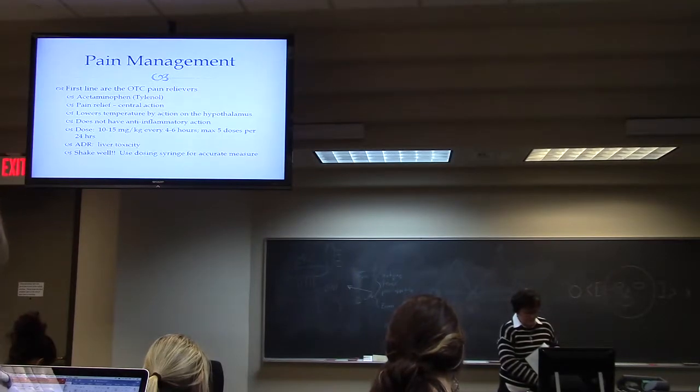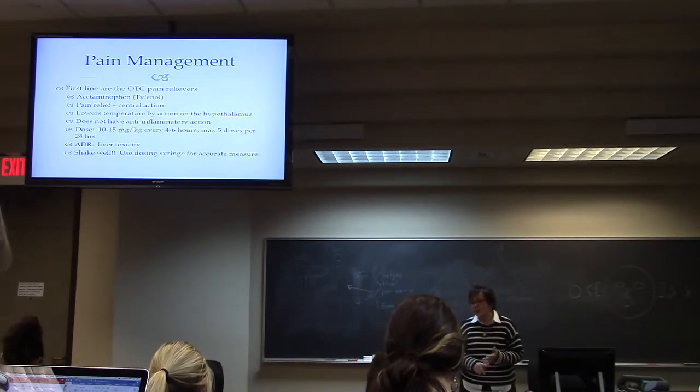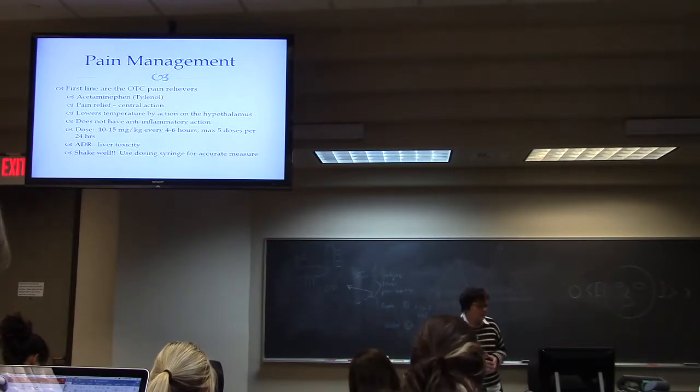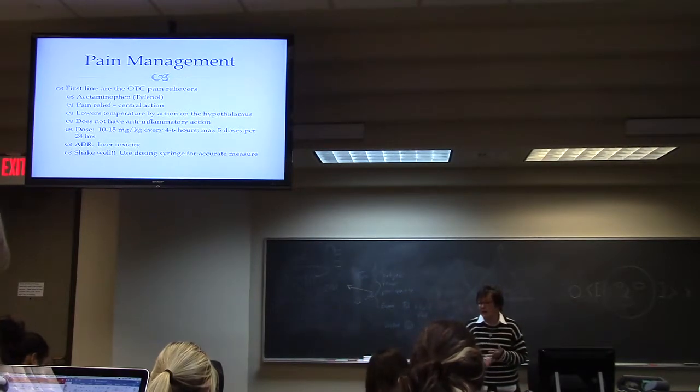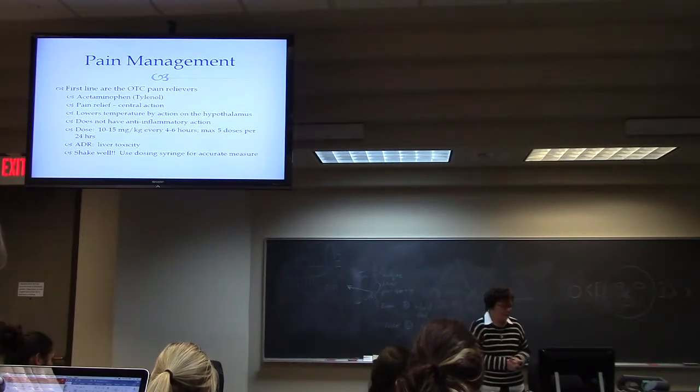Okay, so let's talk about pain management. Mostly I'm going to focus on the OTC pain relievers because they're going to be effective for the vast majority of children. So you have Tylenol, or acetaminophen, and the non-steroidal anti-inflammatories, and the one for kids is ibuprofen.